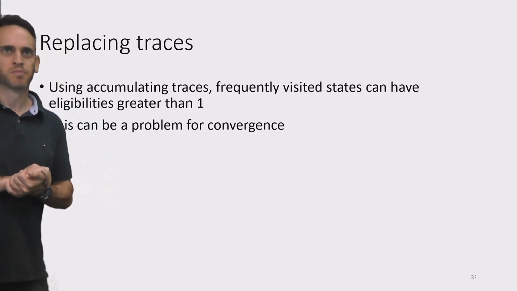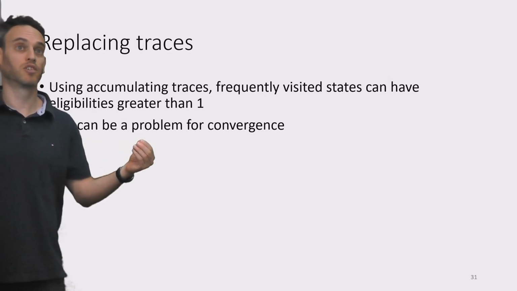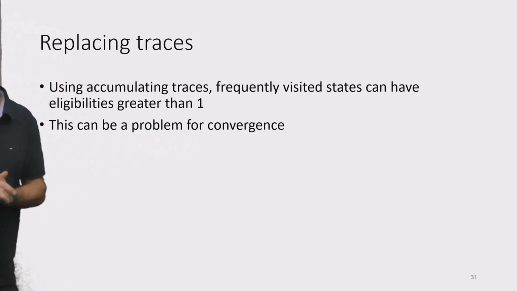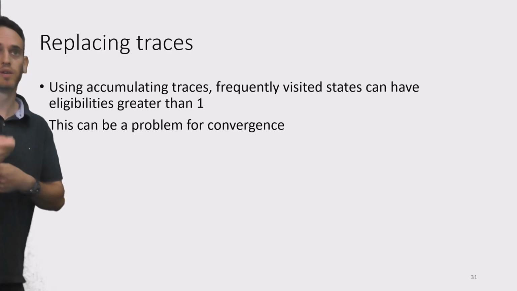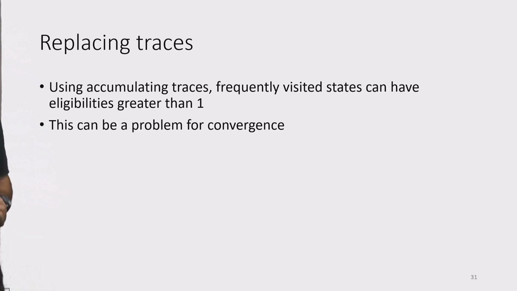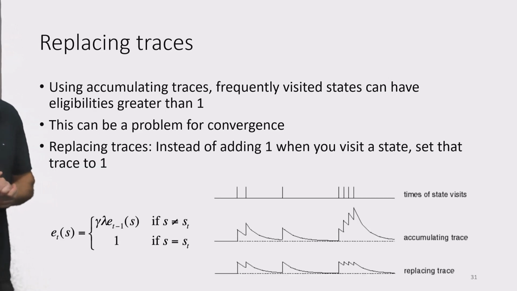So it can't be that over time some eligibility will grow to be larger than 1 for a specific state and action pair. If we use accumulating traces on the other hand, then frequently visited state action pairs, if we're doing Q learning, can actually end up having eligibility that is greater than 1 because we accumulate these eligibilities. And this might be a problem for convergence in many cases, right?